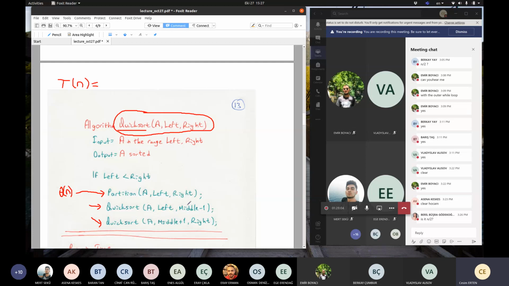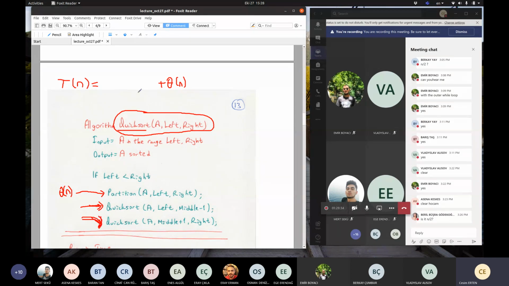We know that partition will require theta n, so somewhere we should write plus theta of n, and then in here I need to write some terms that will describe the running time spent for this first recursive call and the running time spent for the second recursive call.